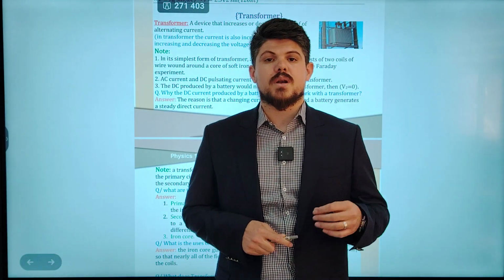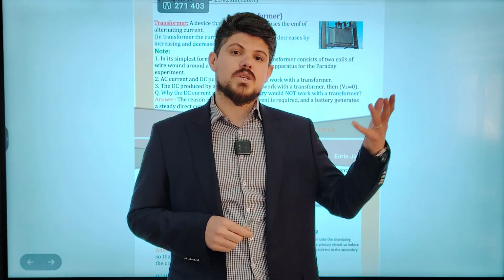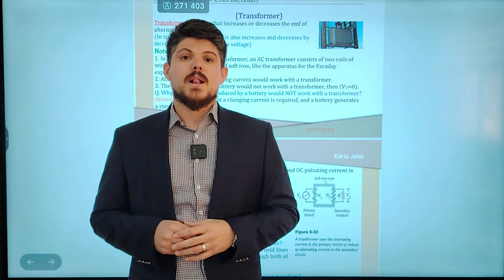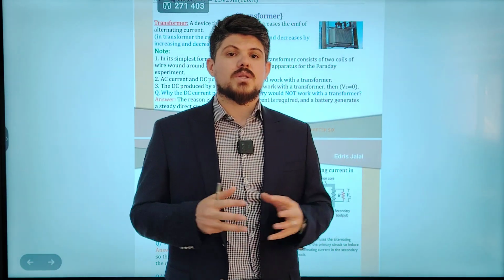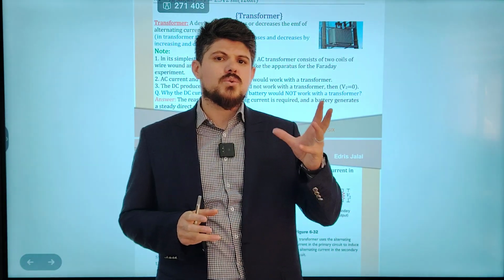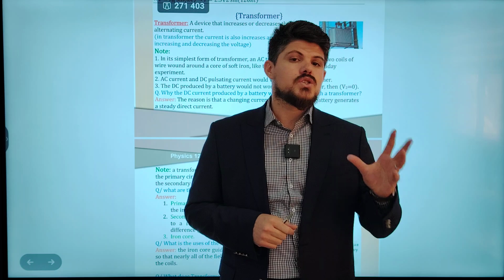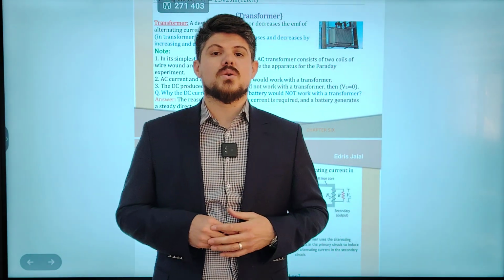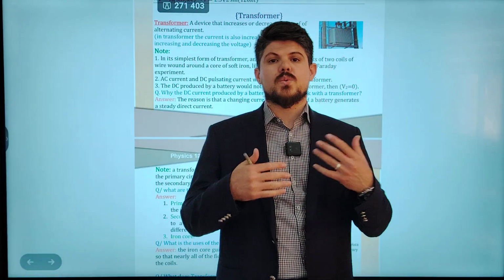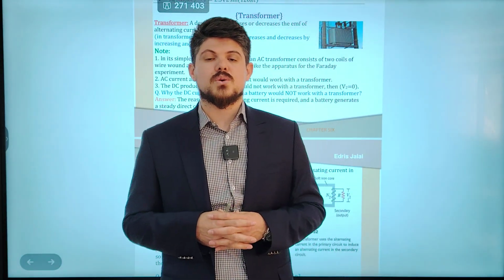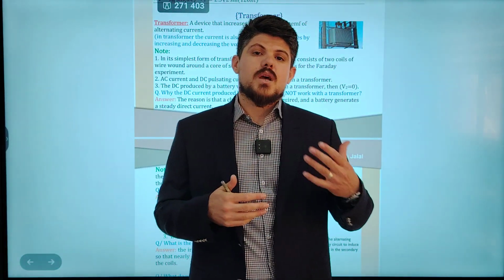The transformer can be used in a microwave to increase the potential difference, because a microwave oven requires more potential difference. You know that the outlet potential difference at our home is about 240 volts. This 240 volts is not enough to operate the microwave oven. The microwave oven requires 2000 volts, so that is why we have to use a step-up transformer.